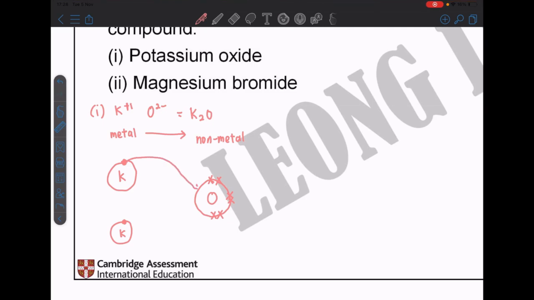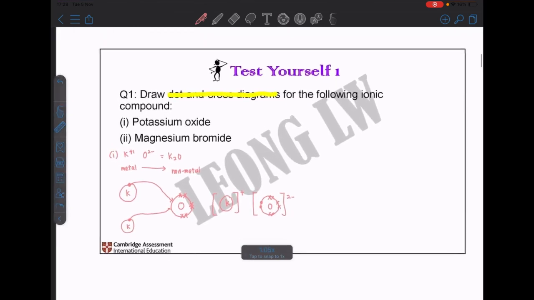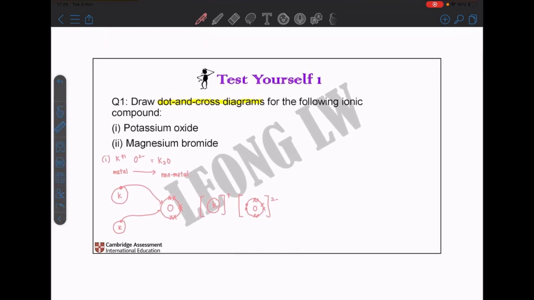So we put one here and one here. So that will give us K plus, K plus, and O 2 minus. And your metal can have 0 outer electrons.